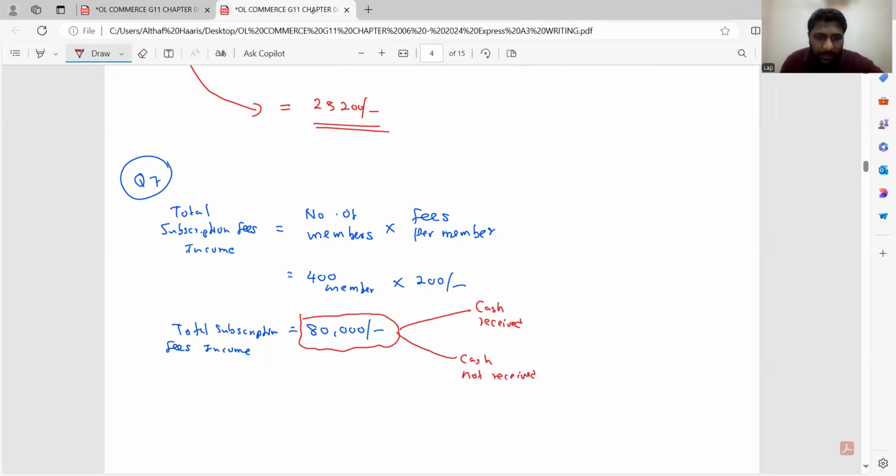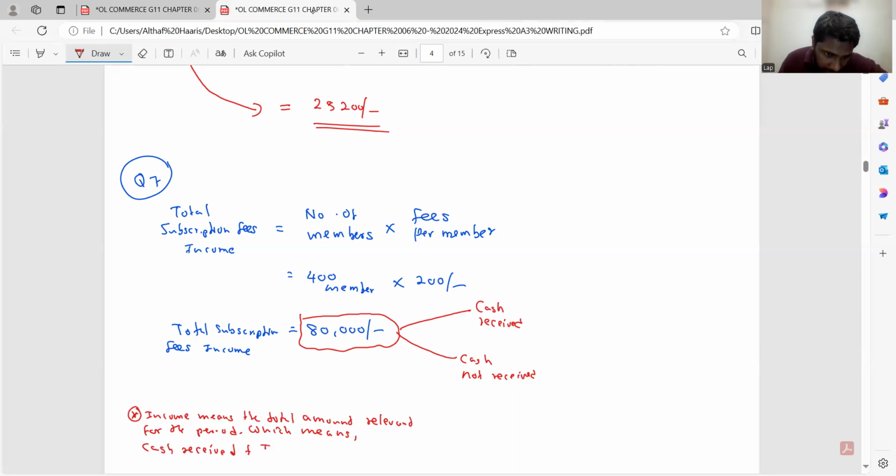We learned before this also: income means the total amount relevant for the period, which means cash received plus to be received, everything is income.